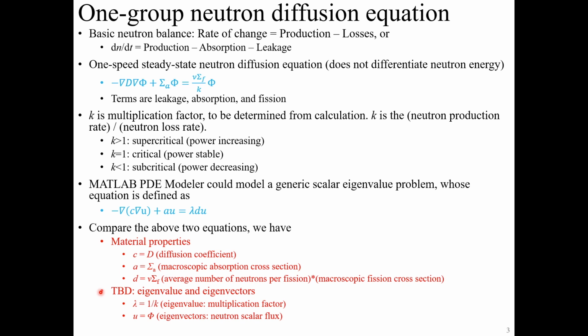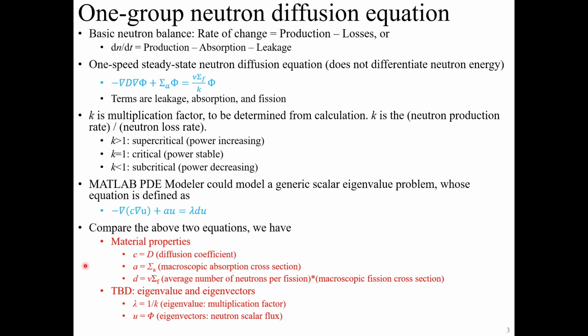The graphic user interface can solve the one speed or one group neutron diffusion equation, and also the two group neutron diffusion equation. And if we are trying to solve the neutron diffusion equation with more energy groups, we have to use the more advanced workflow, which is purely based on the script.